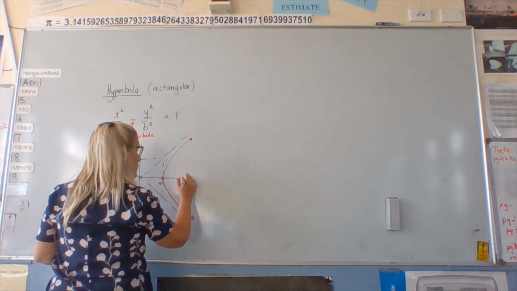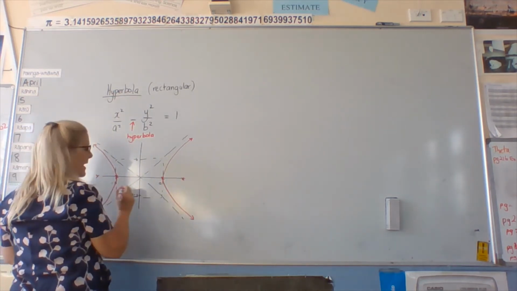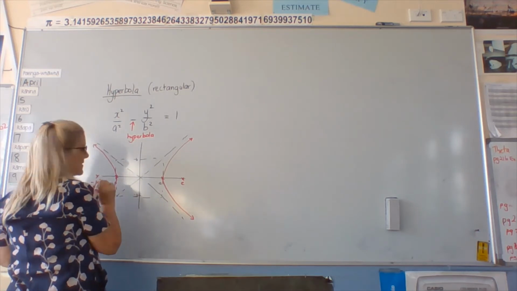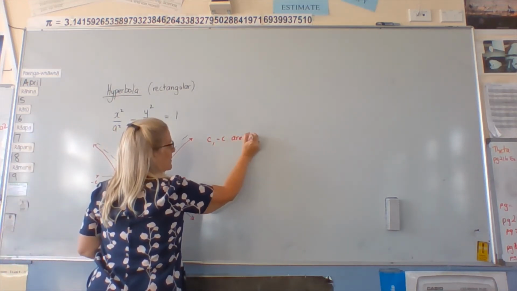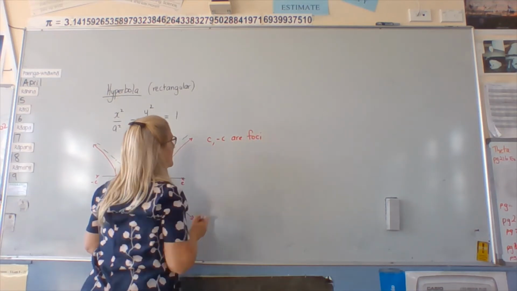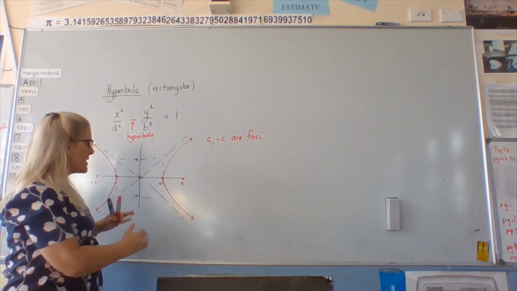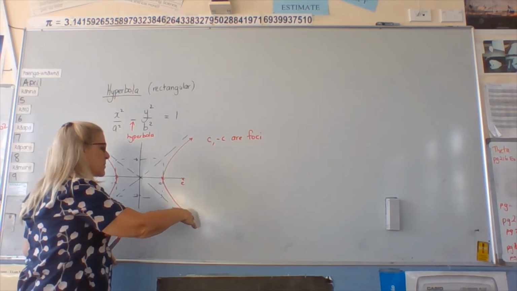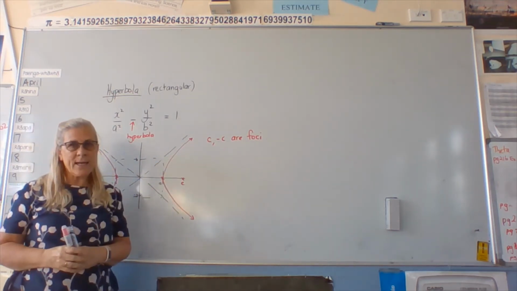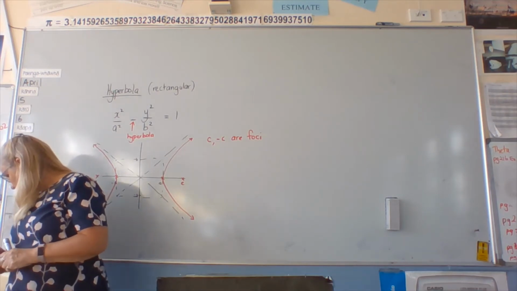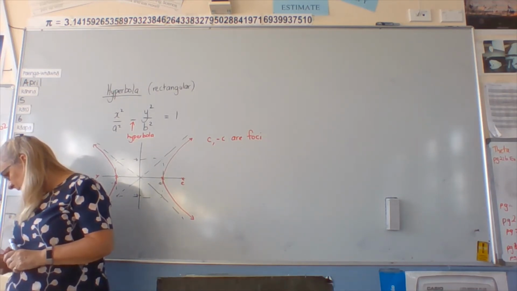Okay, so what have we got here? We've got 2 other really important points. And again, C and negative C are foci. So they're very important points because they hold a relationship between every other point on this line and C and A. So again, it's Pythagorasly related.